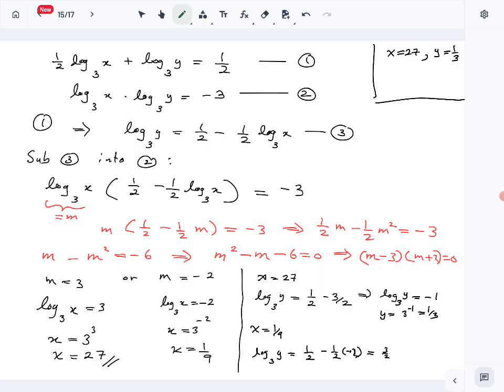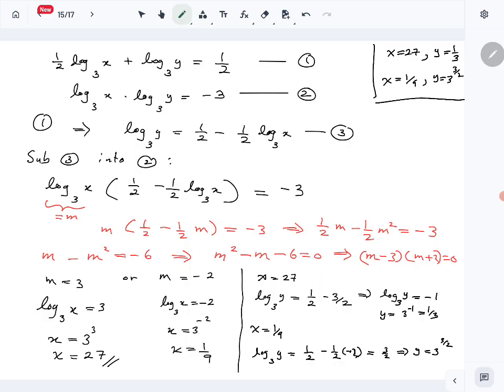Minus 1 plus 1 plus 1, yes, 3 over 2. So then y equals 3 to the 3 over 2 power. So the other answer is x equals 1 over 9, y equals 3 to the 3 over 2 power.